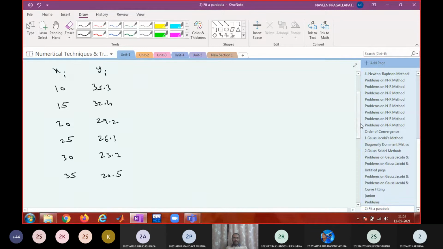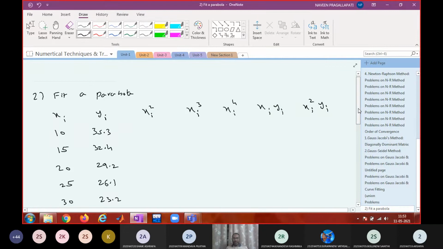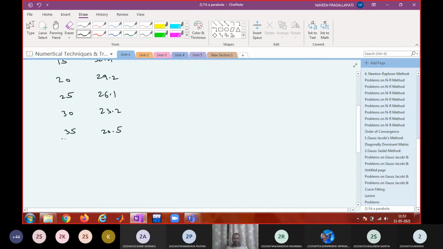What are the columns you have to prepare? xi square, xi cube, xi power 4, xi yi, xi square into y. Then take the column sums.